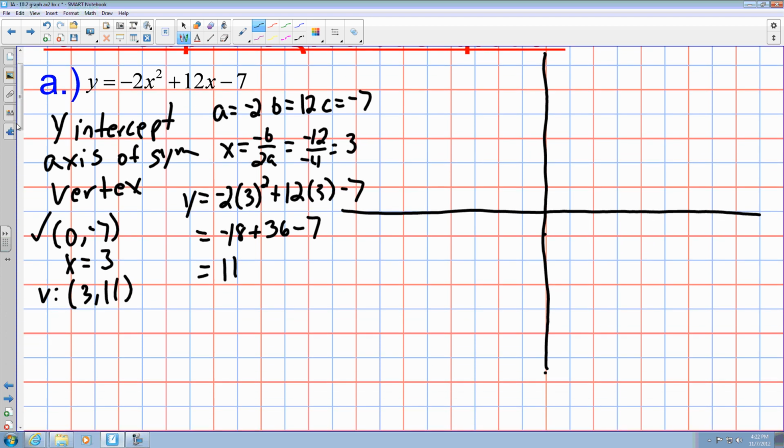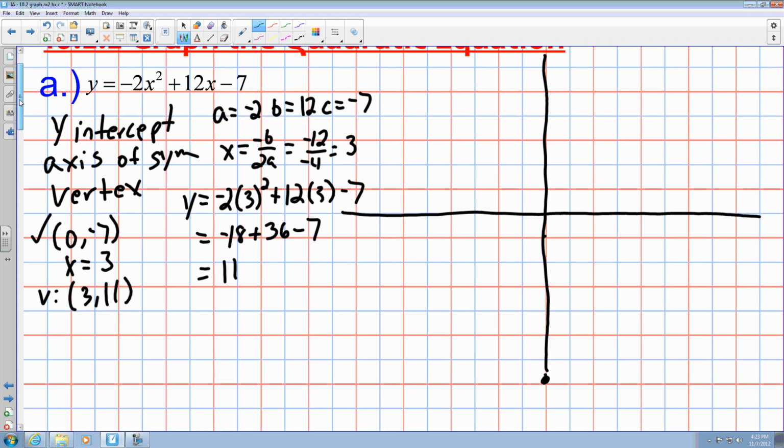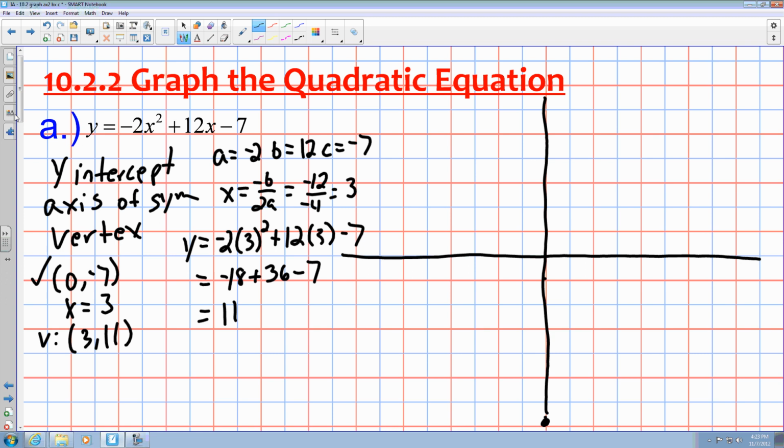So 1, 2, 3, 4, 5, 6, 7. So it's right about there is where our y-intercept is. Let me raise it up just a tad. And our vertex is at 3 comma 11. So I got 1, 2, 3, and 1, 2, 3, 4, 5, 6, 7, 8. And this stinks. It's not tall enough. So I'm just going to eyeball it and tell you that it's at 3 comma 11.